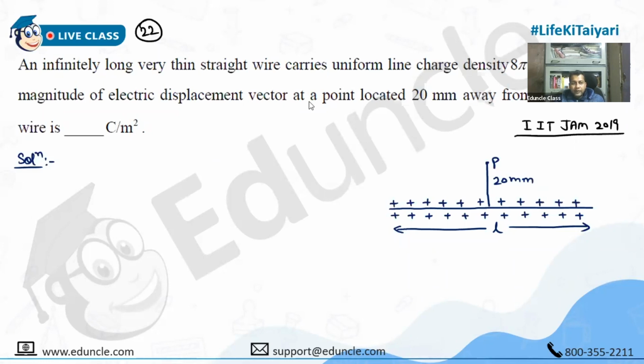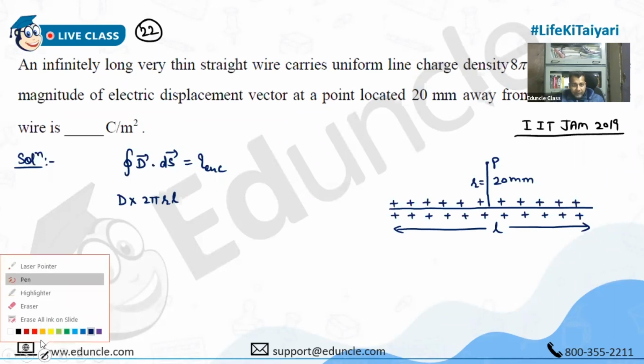Yes, Durga, Rita. See, according to Gauss law, the integral of D dot ds is equal to Q enclosed, na? And the area will be 2 pi RL. If I take this radius to be equal to R, then there will be a cylinder, na?